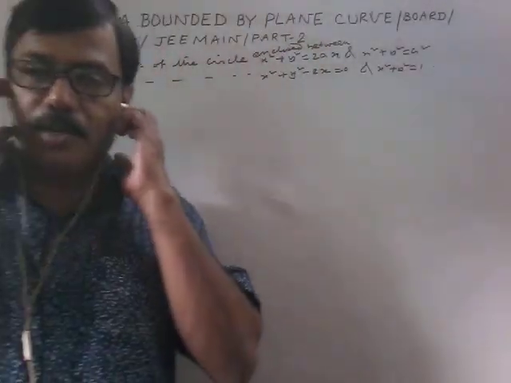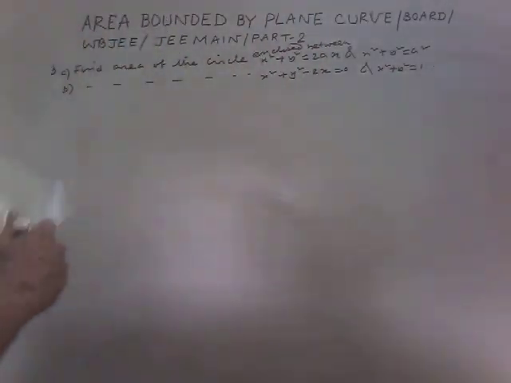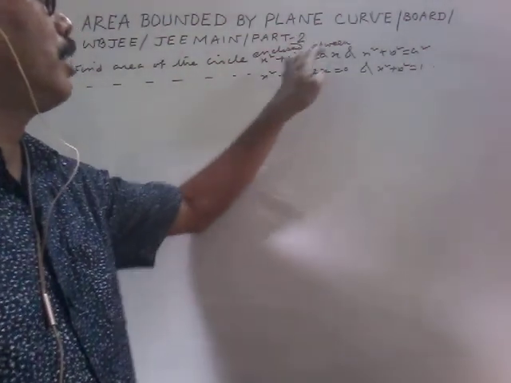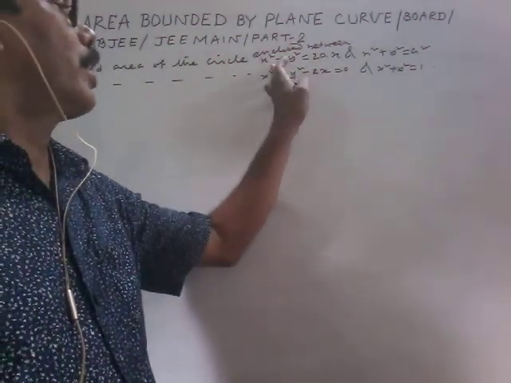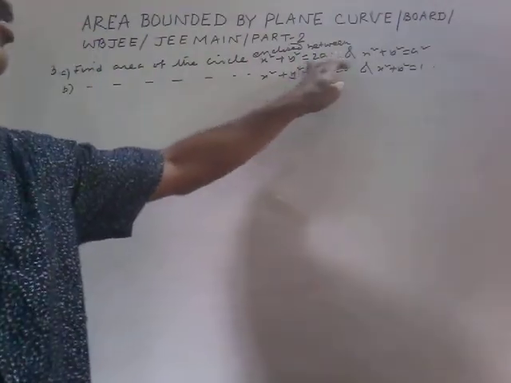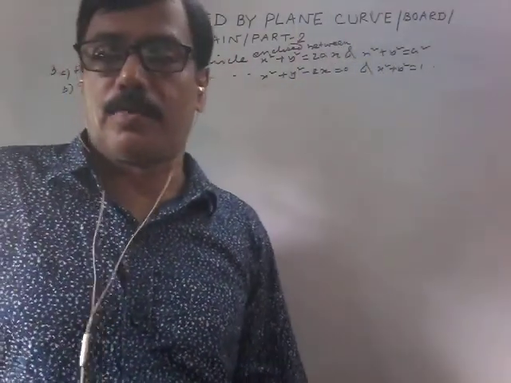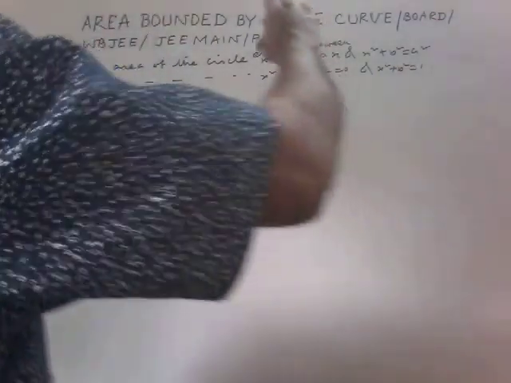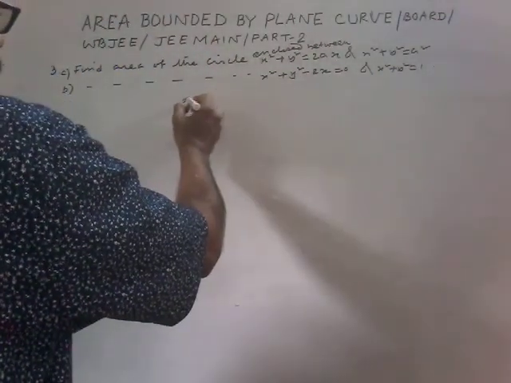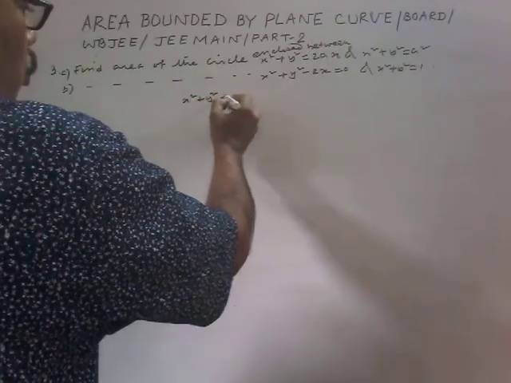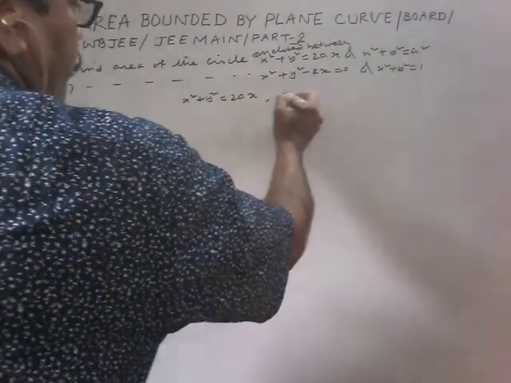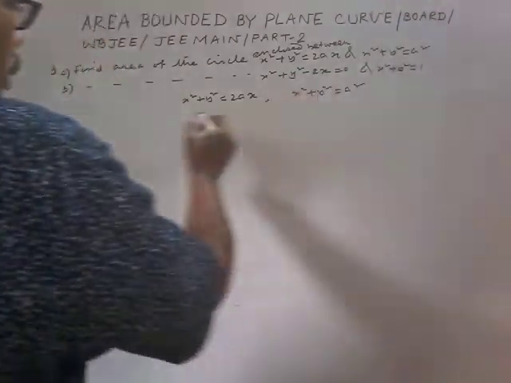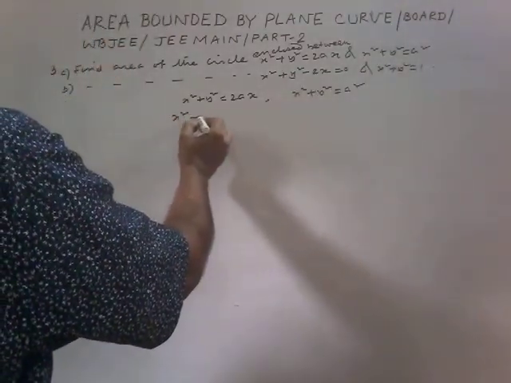Now we consider one more general problem. Find the area of the circle enclosed between x square plus y square equals 2x and x square plus y square equals a square. So same rule, we first find the point of intersection. So x square plus y square equals a square, so x square unchanged.